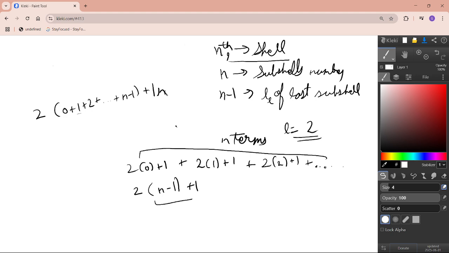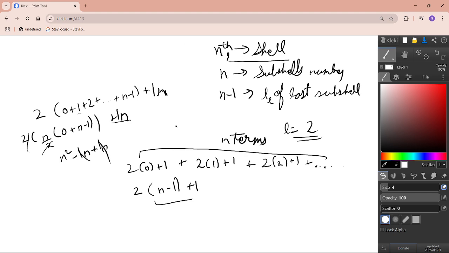Now what's the formula for this series? It's an AP, but it's starting from 0, not 1. See how many terms there are? We know there are n terms, so n by 2 times the first term plus the last term, plus 1 times n. The 2 cancels. It becomes n squared minus n, and just plus n.